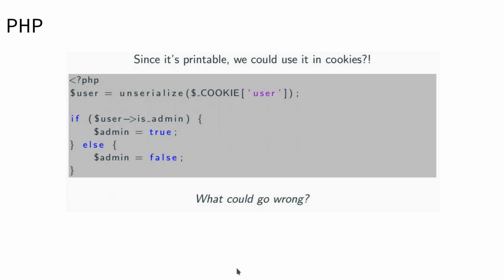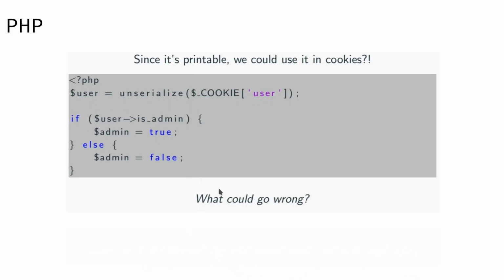Because we can just store the state on the user side, for example in a cookie, and then unserialize it. So in this case we have the user object, it's stored in a cookie, it gets unserialized, the user, and then we say, okay, if user is admin, then the user is an admin.